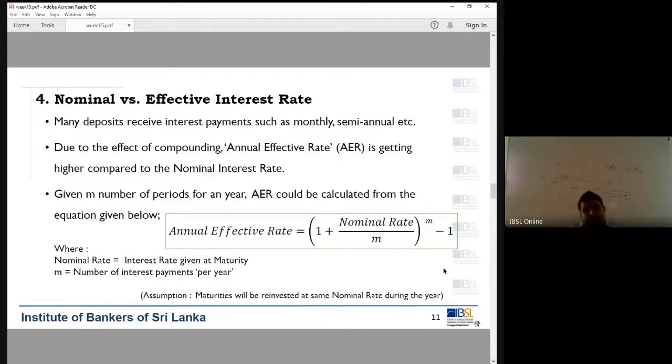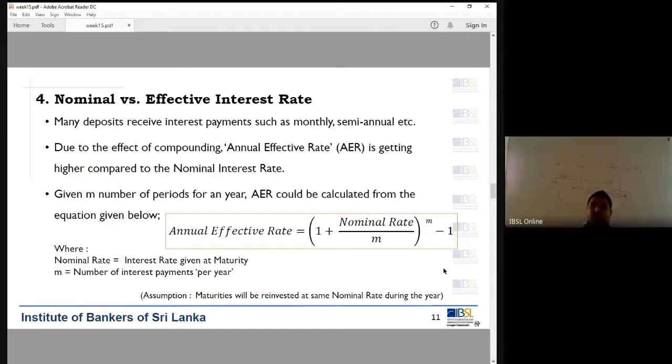Due to the effect of compounding, the effective interest rate in many instances will be defined as the annual effective rate. That means the effective rate that you are going to get for an investment, provided you equate it to a time period of 1 year, is what the term annual effective rate stands for.